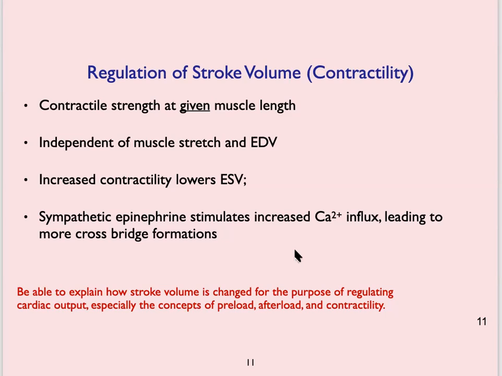More calcium binding to troponin means more tropomyosin movement, which exposes the myosin binding site on actin, allowing for more cross bridge formation between actin and myosin.